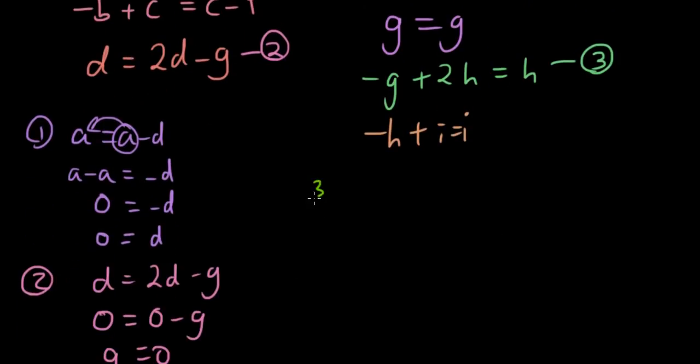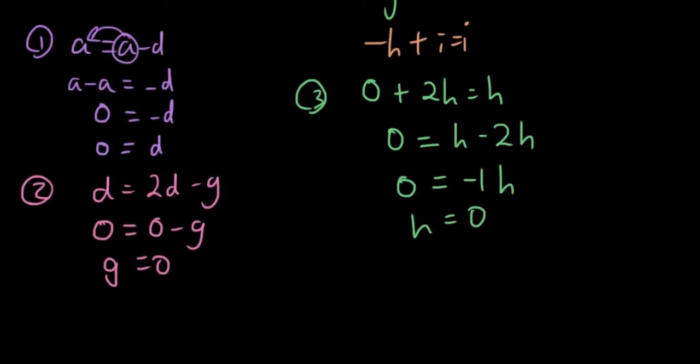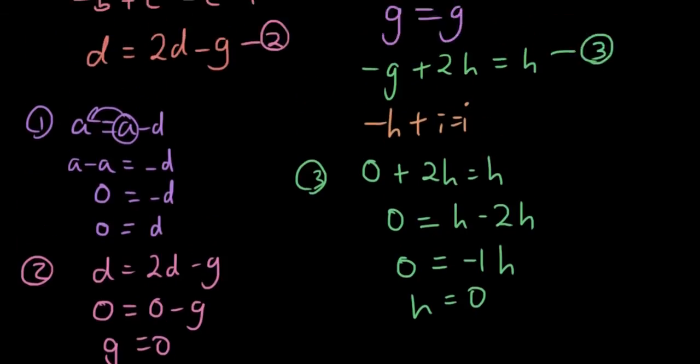So equation 3, I have g is 0, so I have 0 plus 2h equals h. 0 plus 0 equals h minus 2h, so 0 equals negative 1h. Then h must be 0 as well. Ooh, I hope they don't all end up 0. So d is 0, g is 0, h is 0.